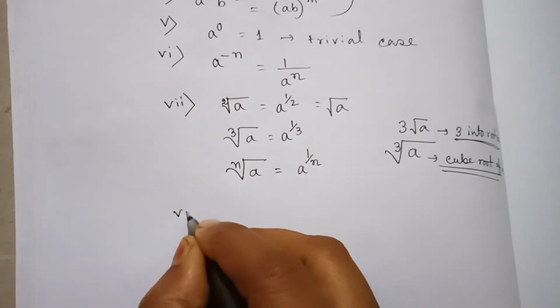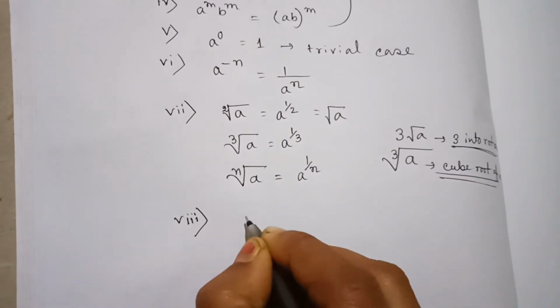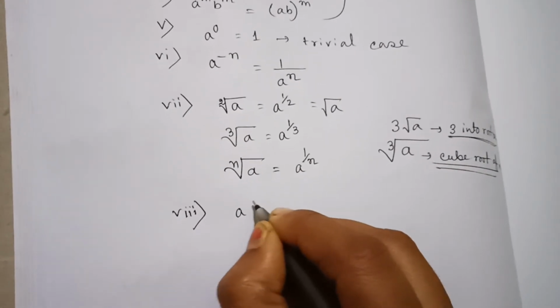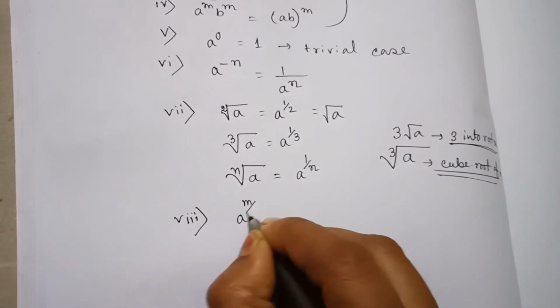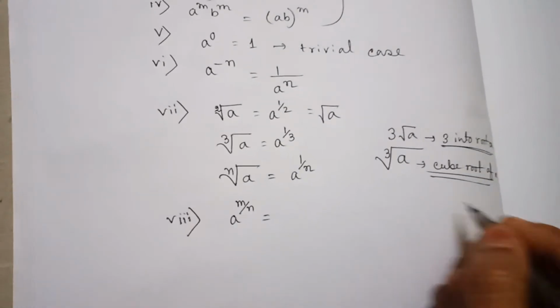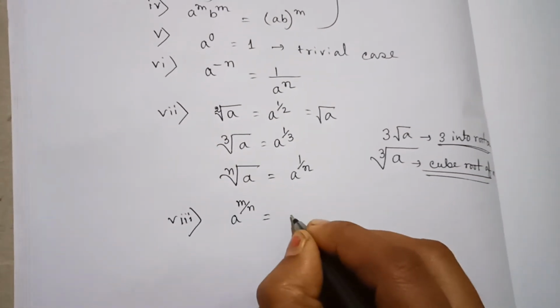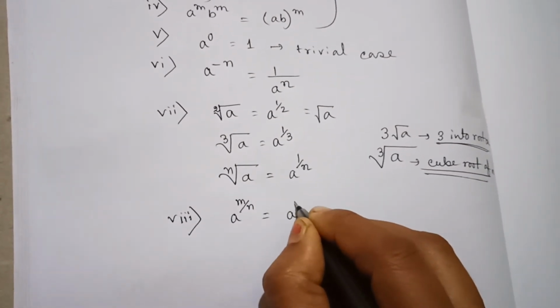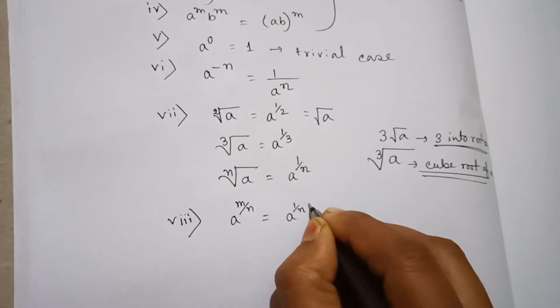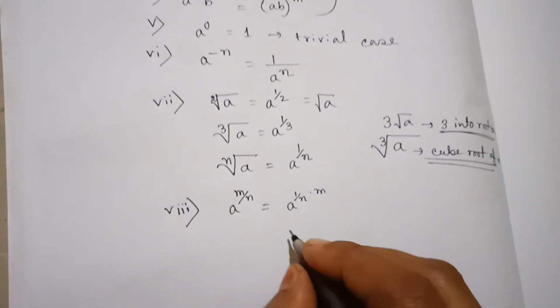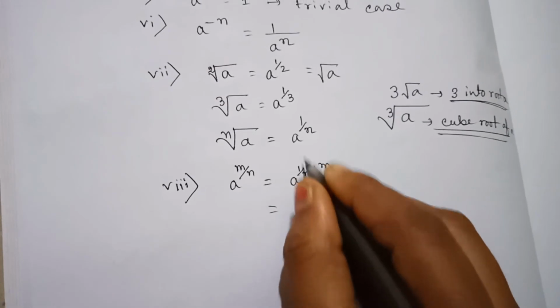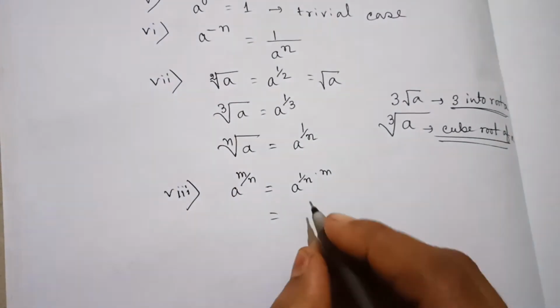And number 8, a to the power m by n, we can write like this: a to the power 1 by n into m. That means a to the power 1 by n means nth root of a.